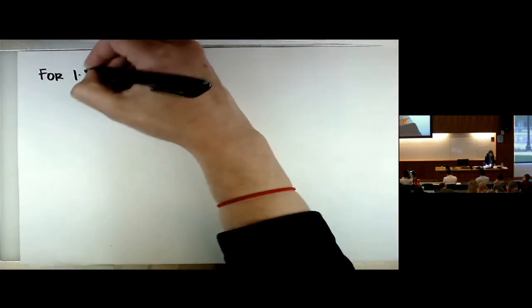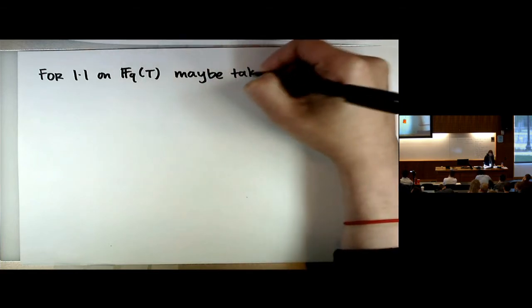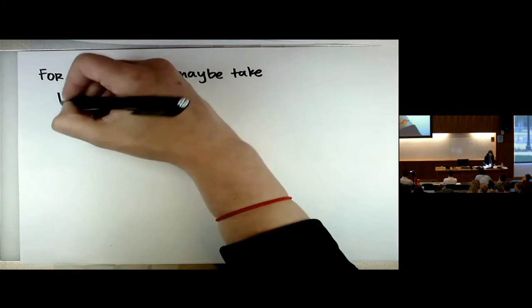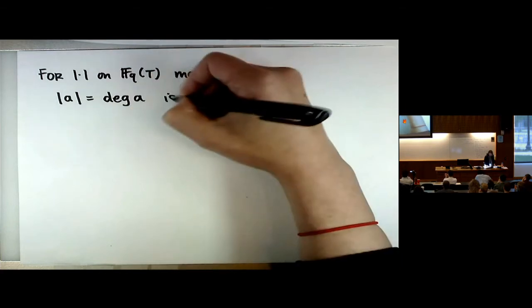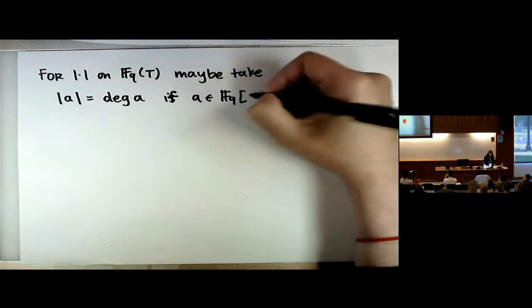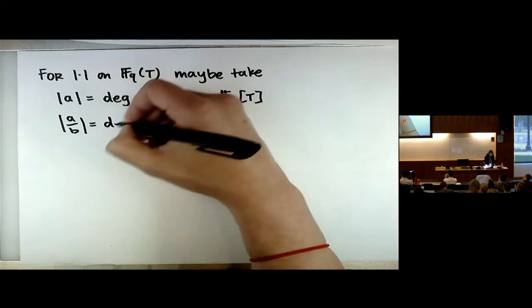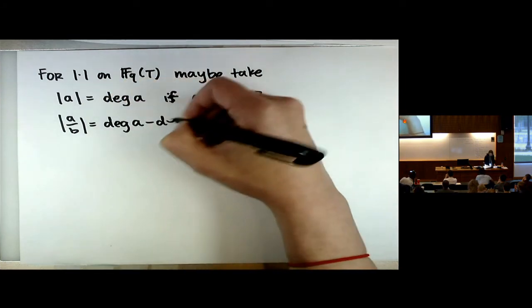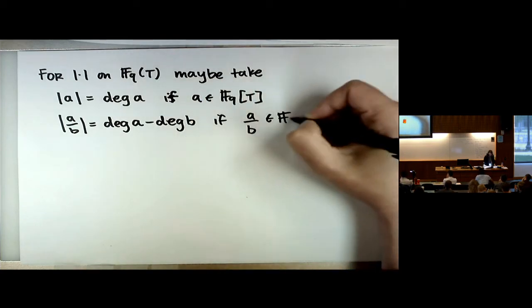So for an absolute value on F_q(T), maybe take the absolute value of A to be the degree of A if A is a polynomial, and the absolute value of A over B to be the degree of A minus the degree of B if A over B is in my field.